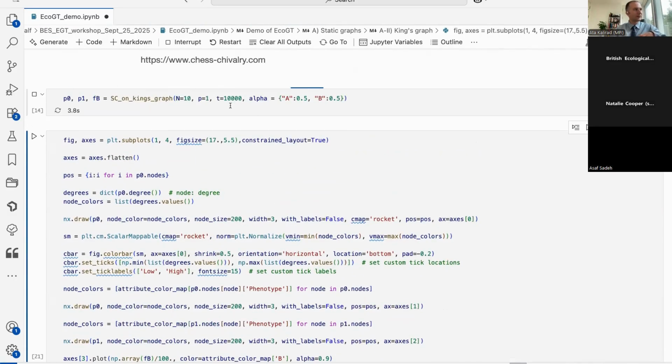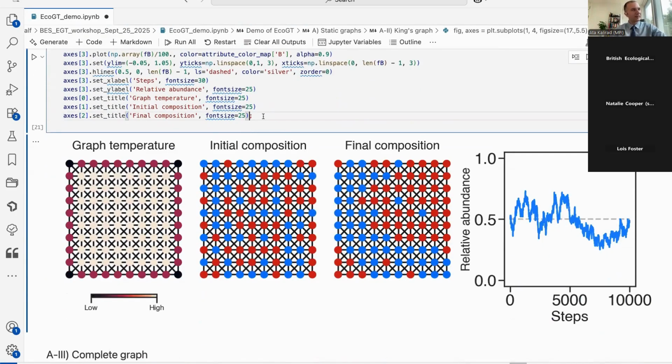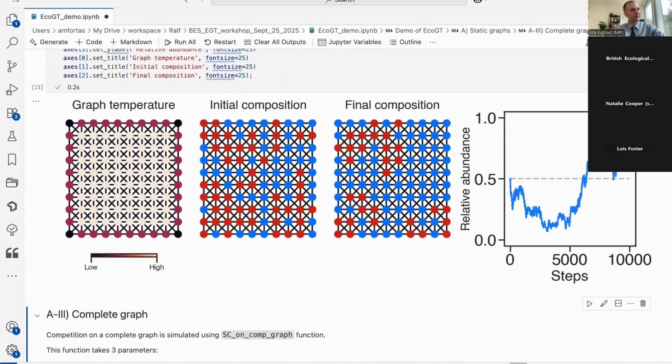we can simulate it. In this case, I simulated about 10,000 steps, probably a bit longer than expected, but okay, that is done. In a King's graph, as you can see, you have a very interesting pattern in the temperature, and that is what I mean by pedagogical representations, because a King's graph, biologically, is not really that realistic: the pattern is way too regular for a biological system.